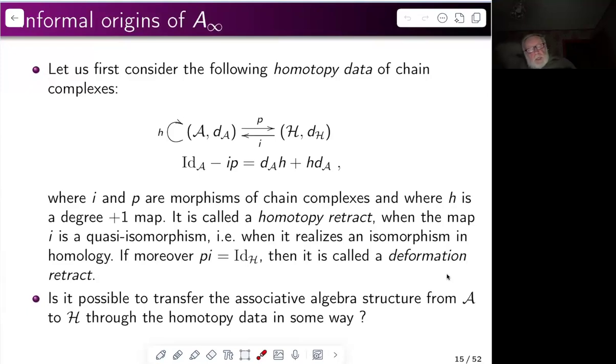For this, let's consider the following so-called homotopy data of chain complexes. Let's suppose that we have a chain complex A with differential dA and H with differential dH.